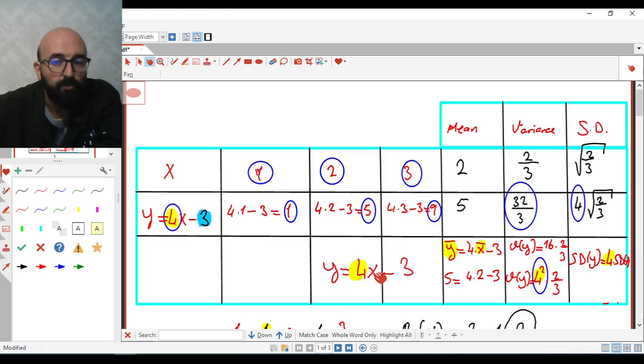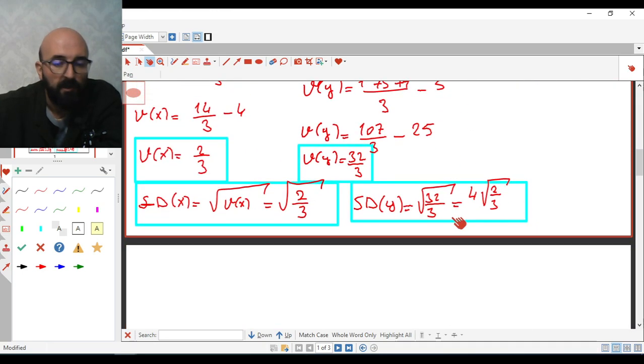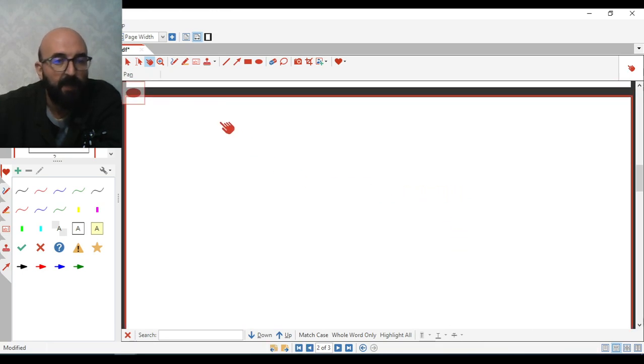Okay, and I want to do some exercise about coded data. Briefly, we have the y value equals 4x minus 3.